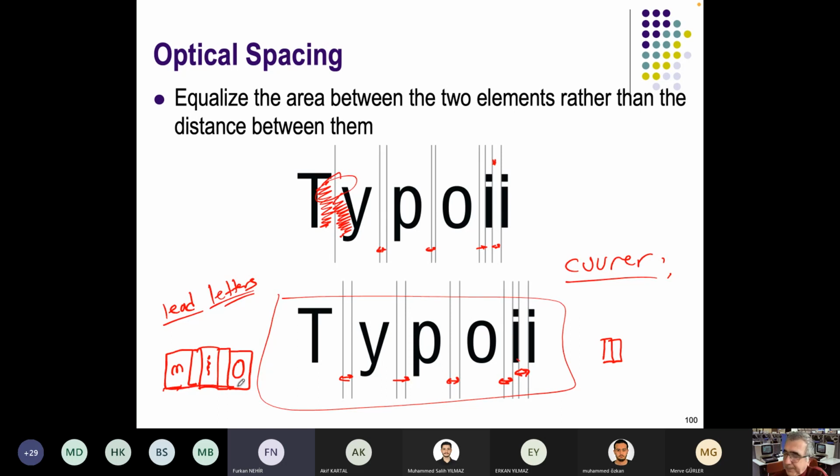So that is typesetting, I think, and that has variable sizes and all those. But for the typewriter, that wasn't possible, so equally spaced letters were the norm.